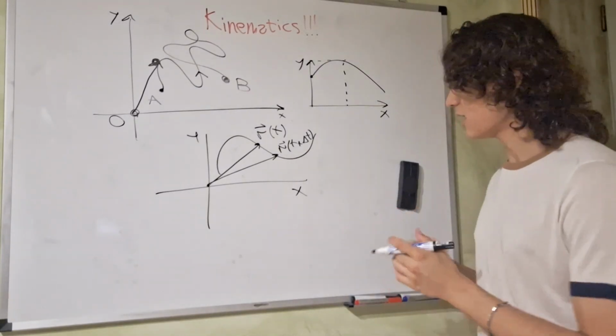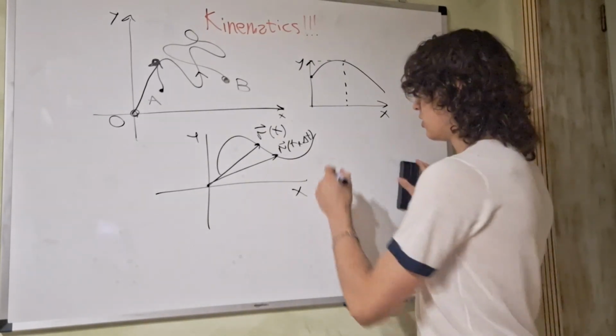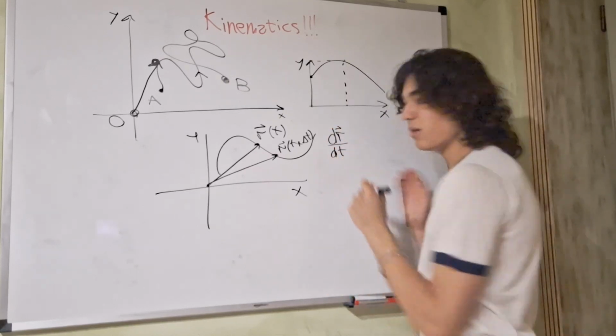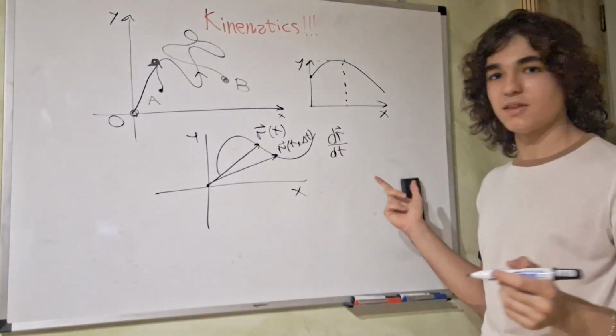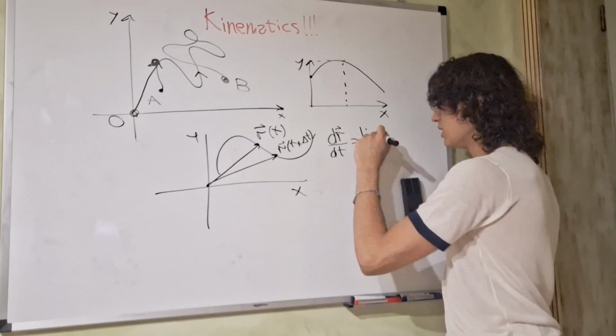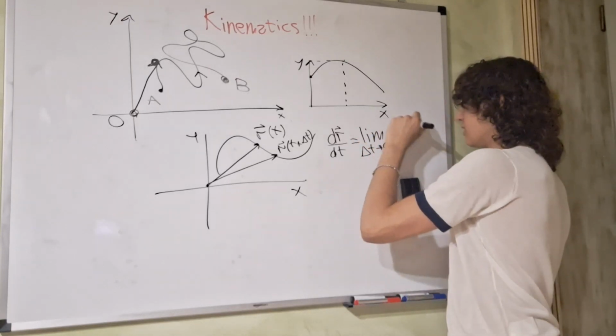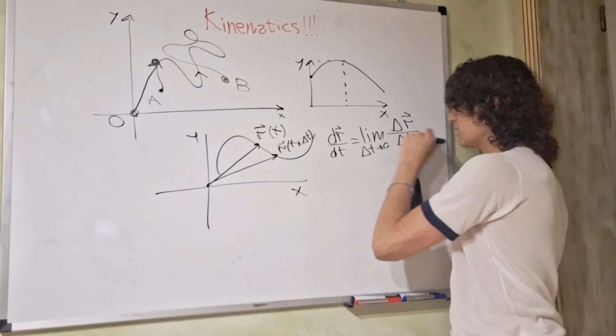What's the velocity vector? Well, we need to take dr by dt, but what does this mean? Well, this is simply the limit as delta t goes to 0 of delta r by delta t.